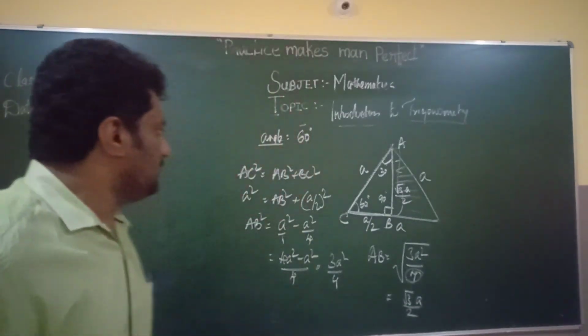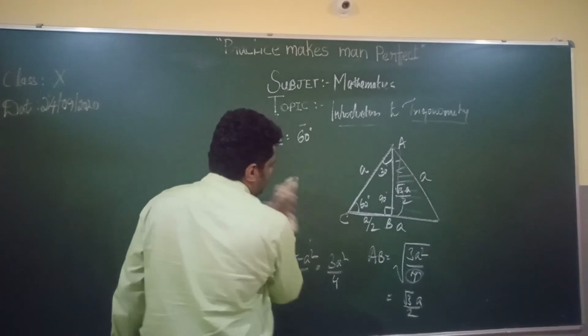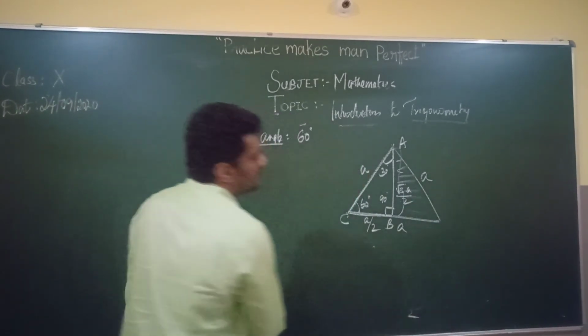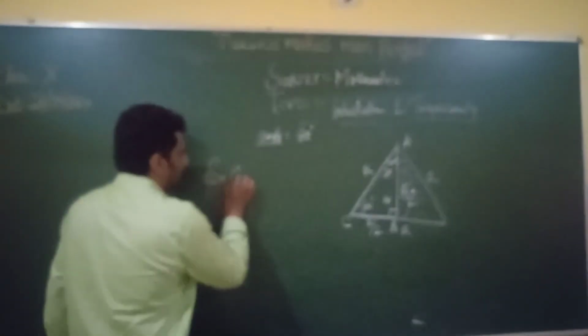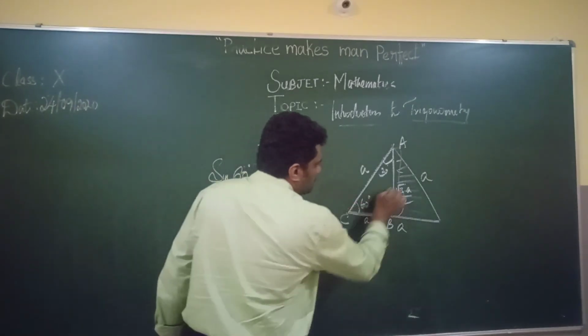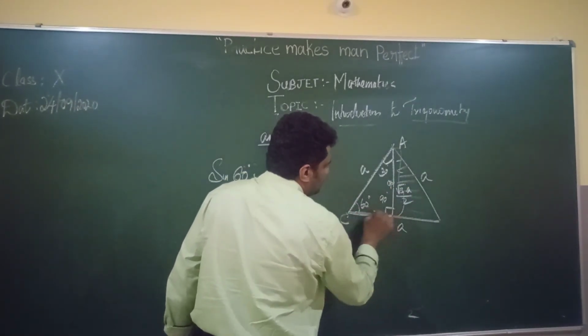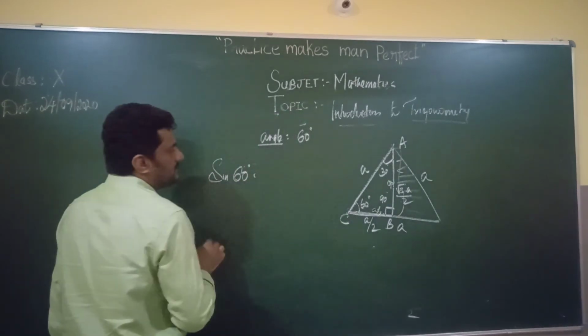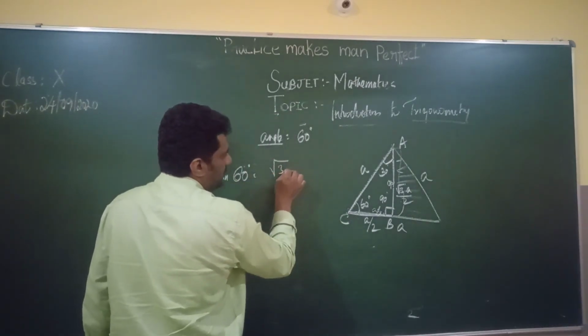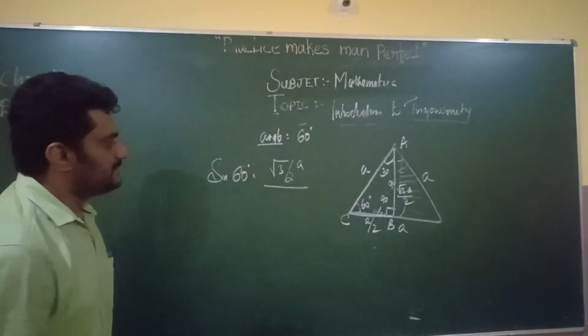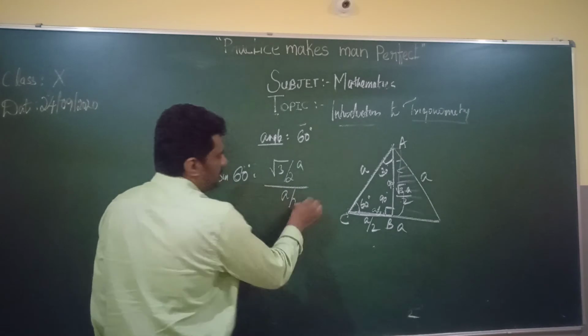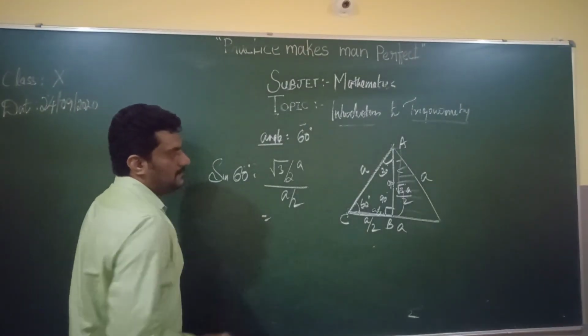Now we are applying all the trigonometric ratios. This is how we do the working. Now starting from sin A, sin of 60. Sin 60: opposite is root 3 A by 2, divided by hypotenuse.